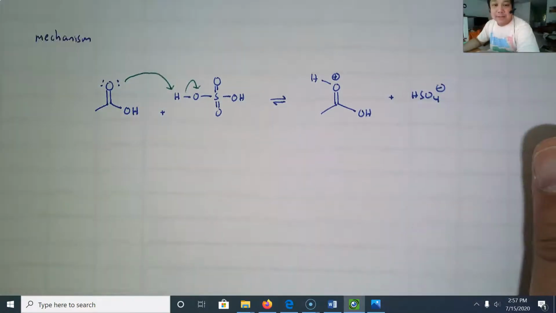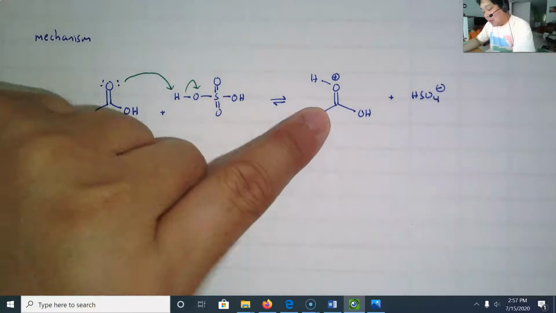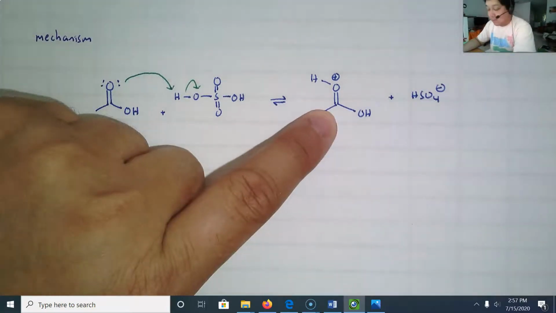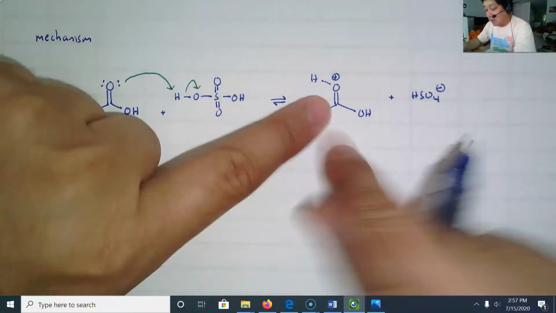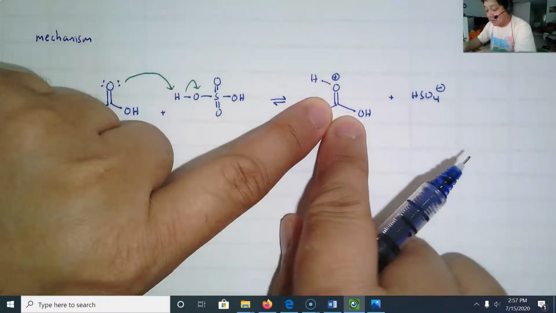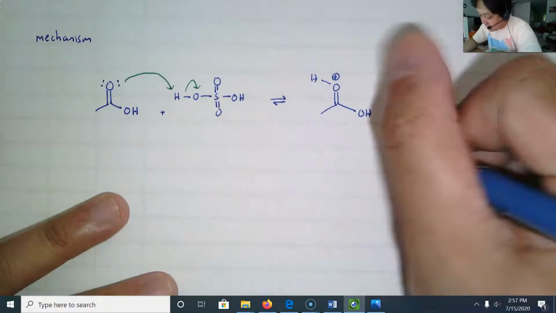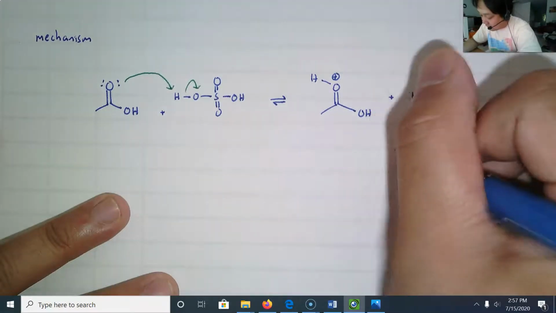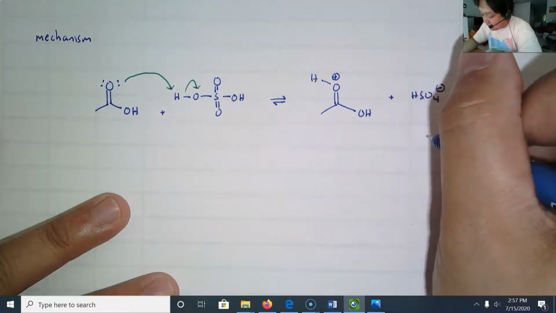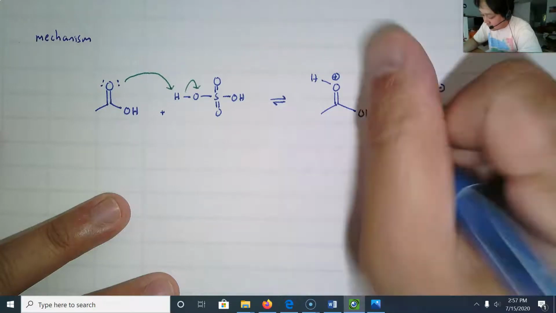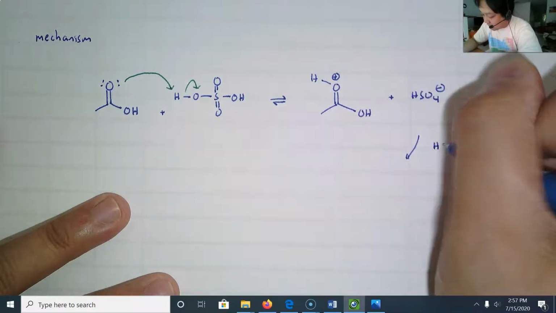Okay, so now what happens? We activated this C double bond oxygen. I'm not going to call it a carbonyl group because it's really a carboxyl. It starts from a carboxyl group. But we did activate this carbon for attack. And the attack is going to be your alcohol. We know this because the alkoxy group is coming from the alcohol.